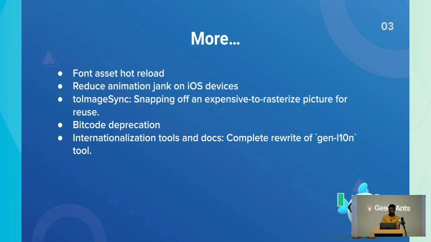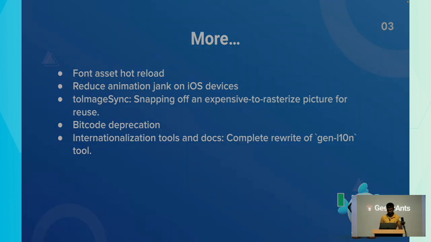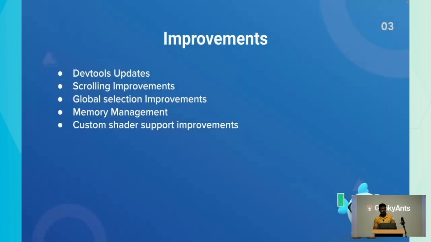Also, internationalization tools like gen-l10n provide a lot of compile time errors and other improvements using which we can improve the localization and other things that Flutter provides. Apart from this, there are some improvements that came, something like the DevTools updates. There were some updates that came in DevTools.